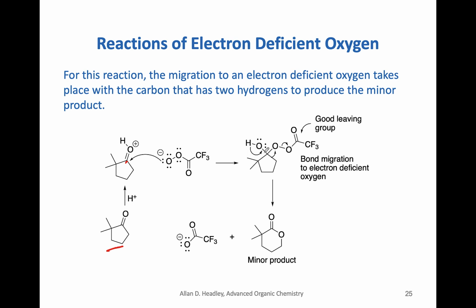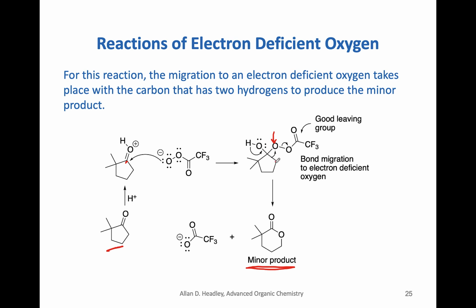These electrons come back in, and we have a bond migration where this moves over to here. The electron deficient oxygen is right here, and we have our leaving group here, and we have our cyclic ester right here. This is the minor product, or has been observed to be the minor product.